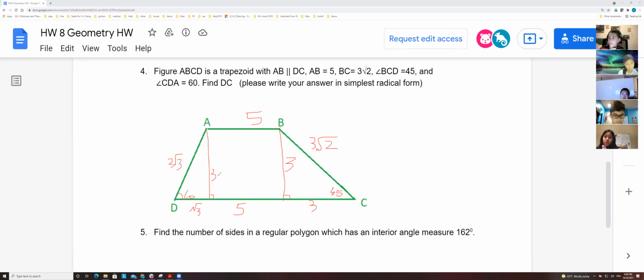So you times square root 3 becomes 3, right? So this will become square root 3, and square root 3 times square root 3 is 3. So that's this guy, and 2 square root 3 would be this one. Okay? So the answer would be 8 plus square root 3. Everybody followed? I think it's pretty clear.